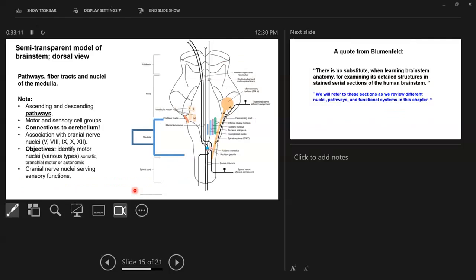Now, eventually, we need to get to this more integrated, semi-transparent view of the brainstem, and in it, the medulla oblongata, by imagining pathways running through, and also imagining cranial nerve nuclei, some of the motor ones and many of the sensory ones outlined here. Again, this is medulla from here to here. Noting the ascending and descending pathways.